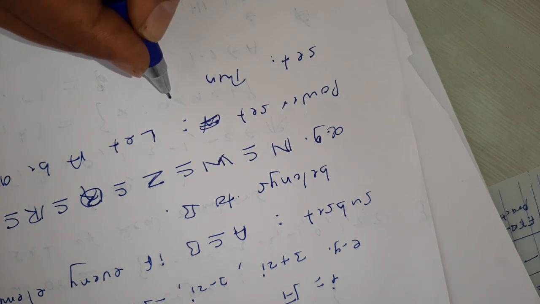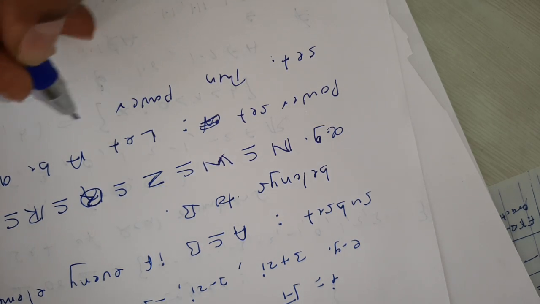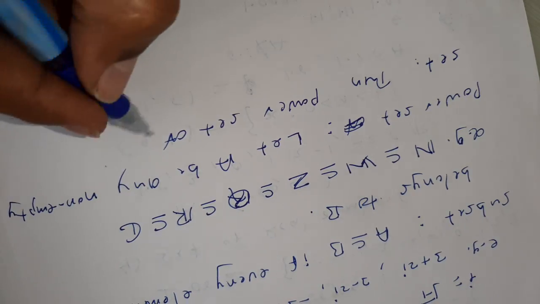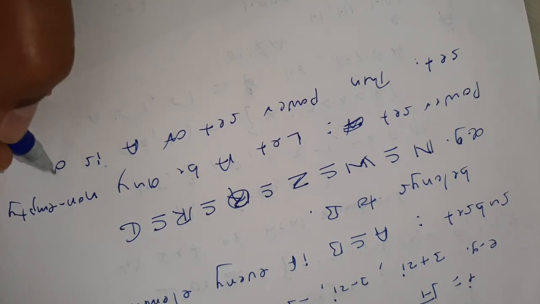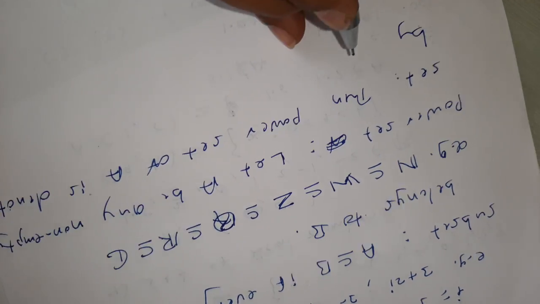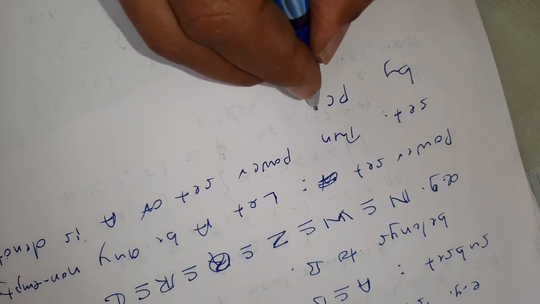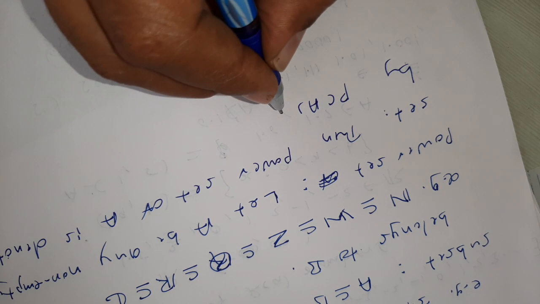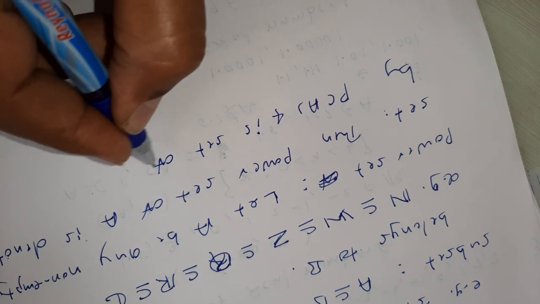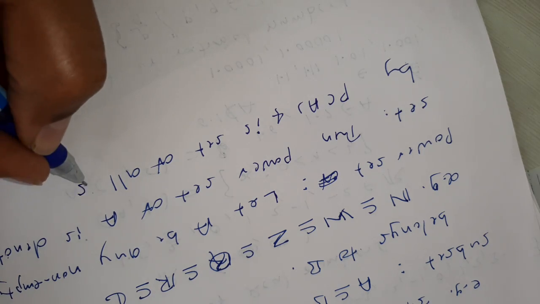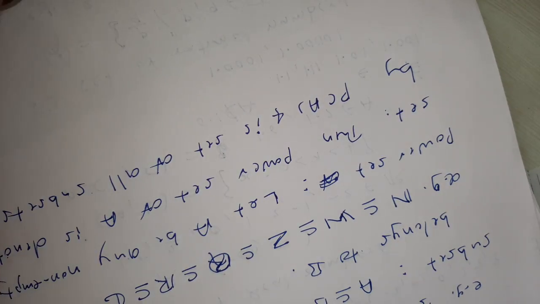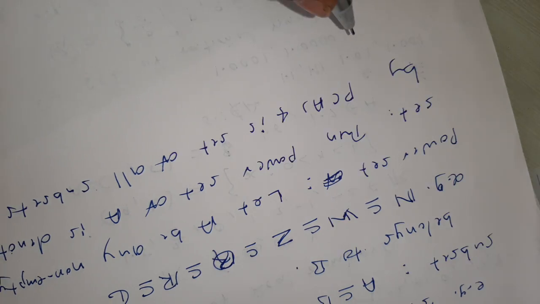Then the power set of A is denoted by the notation P(A), and this is the set of all subsets of A.